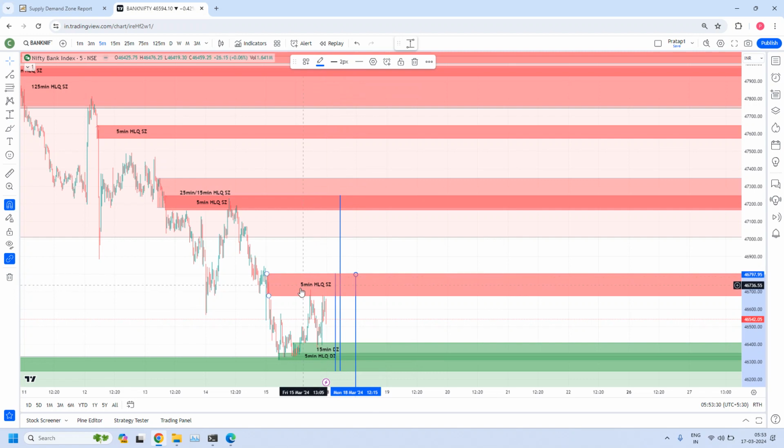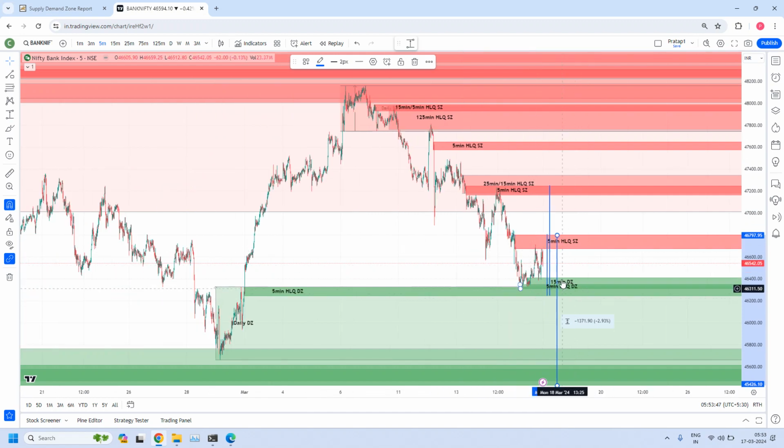If this supply zone is violated, we will have a trading range of 998 points. Suppose this supply is holding, but these demands are violated, the next range again is 1370 points.